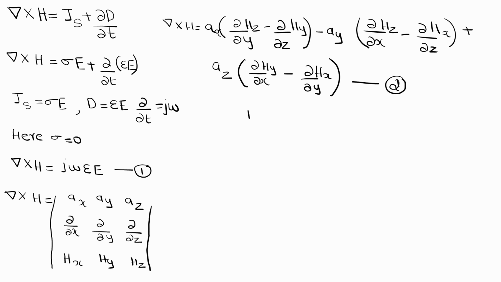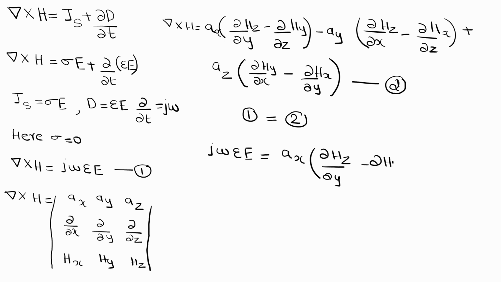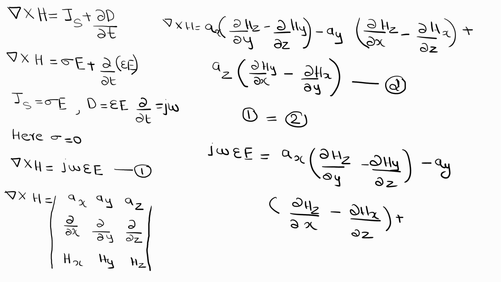Equating equation 1 and 2, the equation becomes j omega epsilon E equal to Ax into dou by dou y of hz minus dou by dou z of hy, minus Ay into dou by dou x of hz minus dou by dou z of hx, plus Az into dou by dou x of hy minus dou by dou y of hx. So the equation becomes like this.